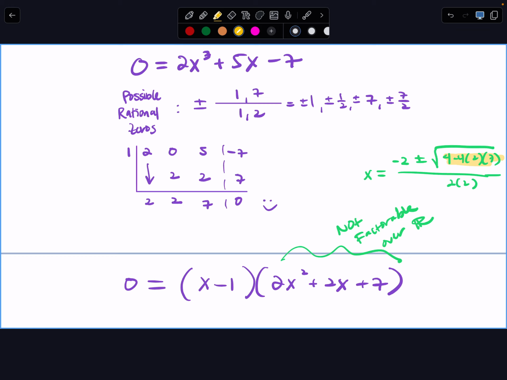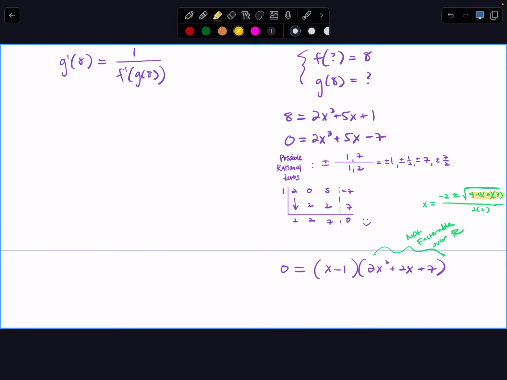They're not real zeros; they're imaginary, complex zeros. They would have i. So it doesn't factor anymore. So that means that x is equal to 1.